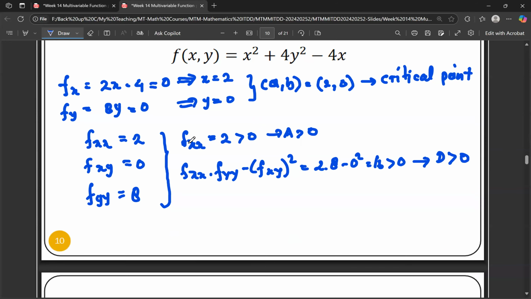By using this result, we can say that f at (2, 0) is a local minimum. And what is the value?